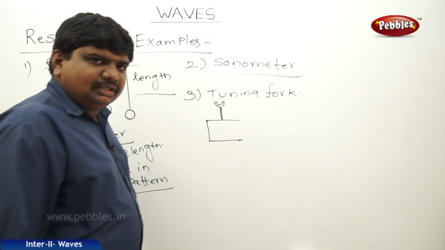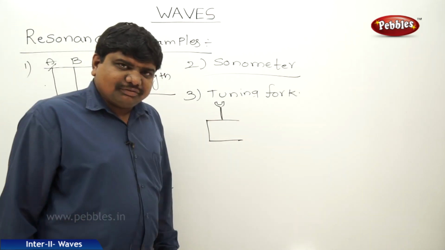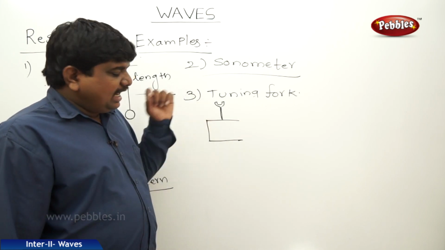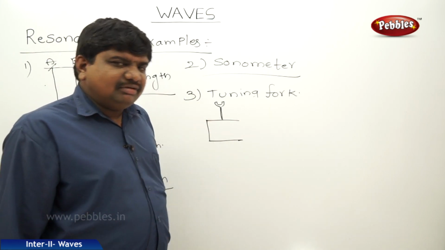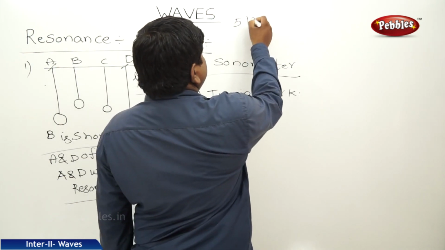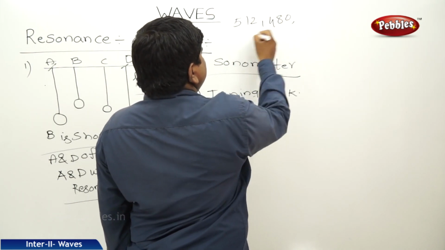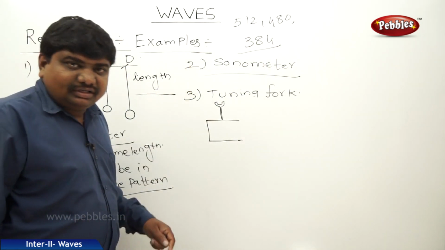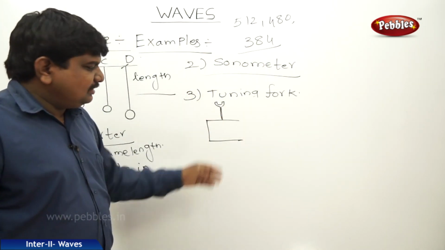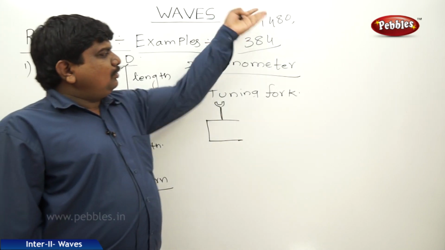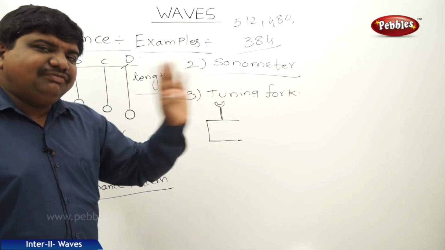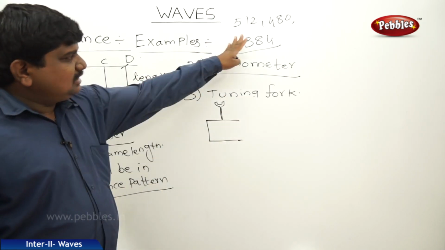We know that, and we can see the vibrations as observations. On every tuning fork, some values will be noted, 512, 480, 384, like that. This is nothing but the frequency of the tuning fork. So this tuning fork will vibrate 512 times, or 480 times, or 384 times. That means this tuning fork has this much frequency.